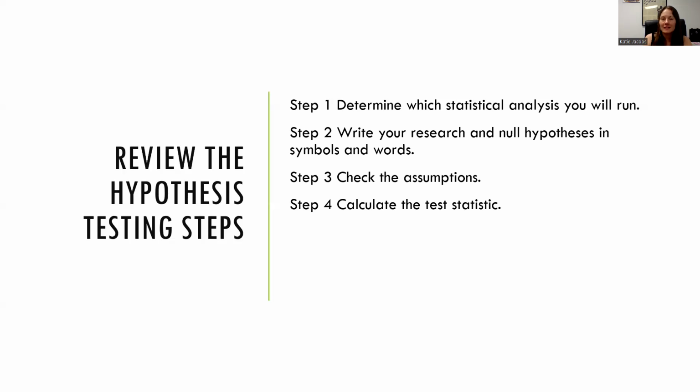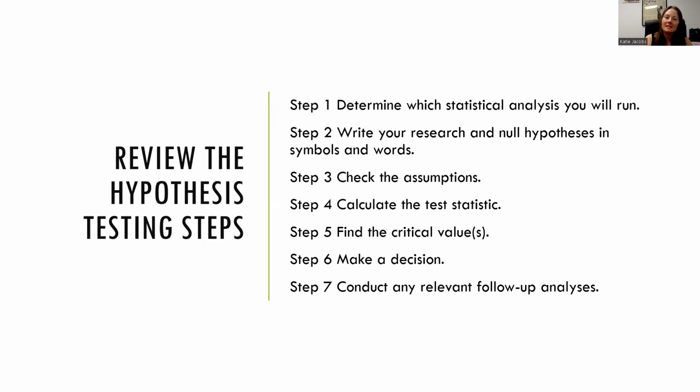Step four is calculating that test statistic. What's step five? Step five is to find your critical values using the t critical value table, at least for this unit. And what's step six? Make a decision. And then our final step, step seven, is to conduct any relevant follow-up analyses.